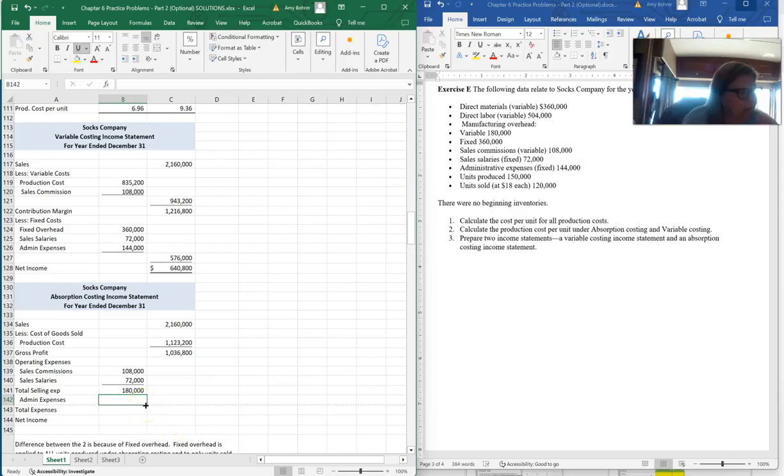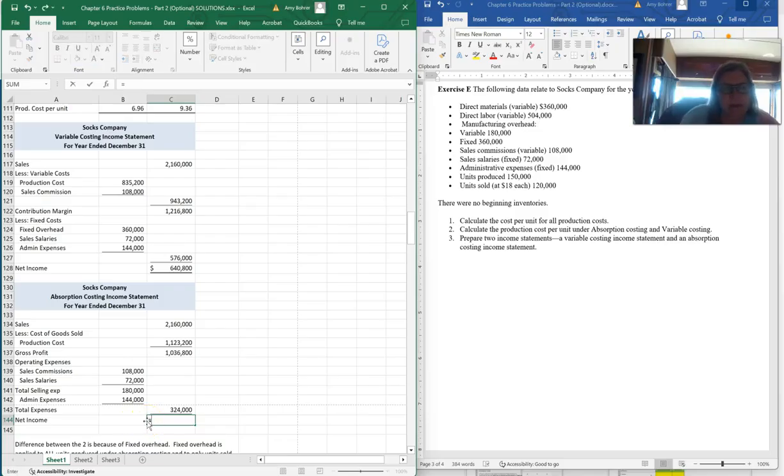And our admin expenses are $144,000. That was the total admin expenses. So our total expenses, we're going to put over here, are the selling expenses plus the admin expenses. It's $324,000.